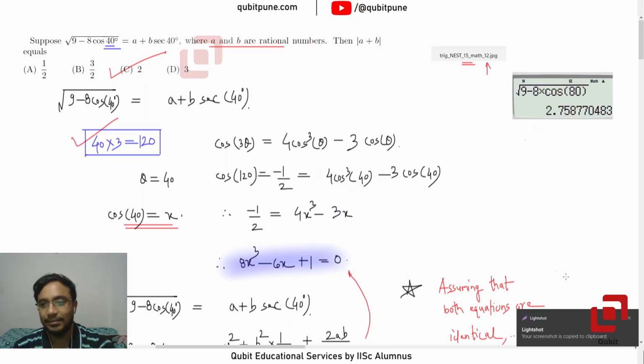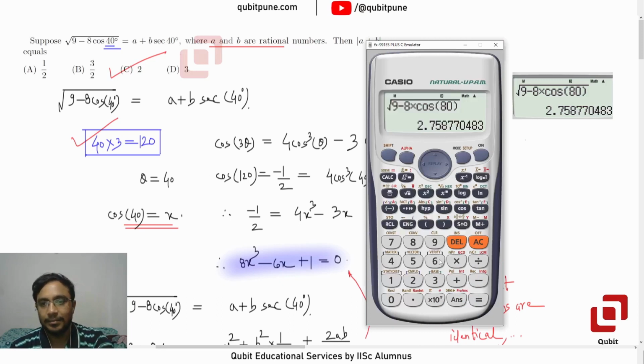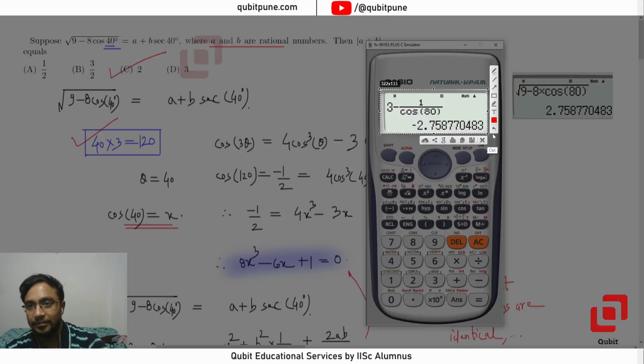Now I need to do the same thing for the right side. Let us select A as 3 and B as negative 1. Anyway, if you take the other pair, it would just mean that it's negative, so that's fine. So 3 minus 1 upon cos 80. Yeah, okay, so we've got the negative 1.